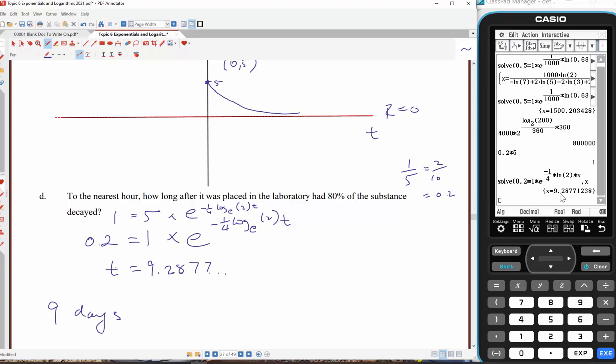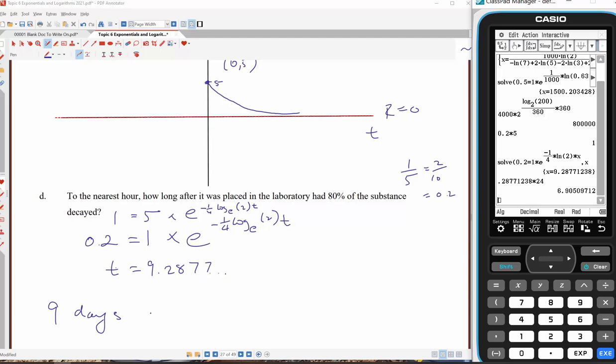Now, this is going to be the number of hours times 24 hours in a day, and it's going to be either 6 or 7 hours. Now because it's decaying, if we go back to the 6, it's not going to drop below 0.2, or not going to drop below 1, if we round down.